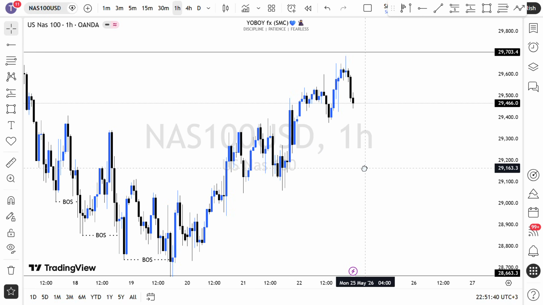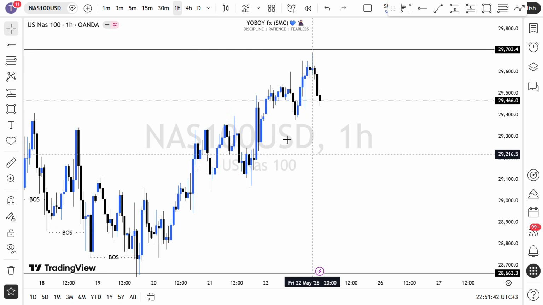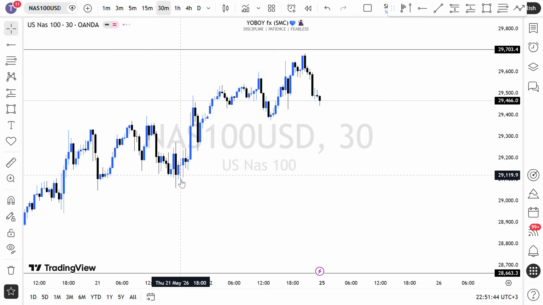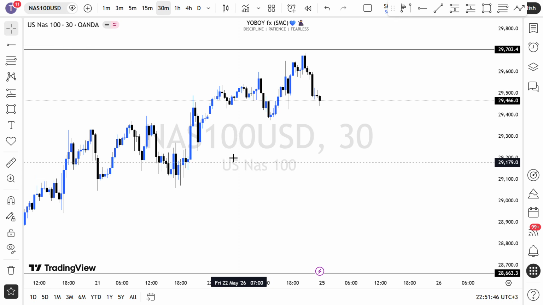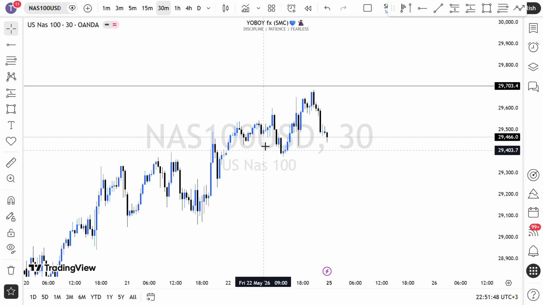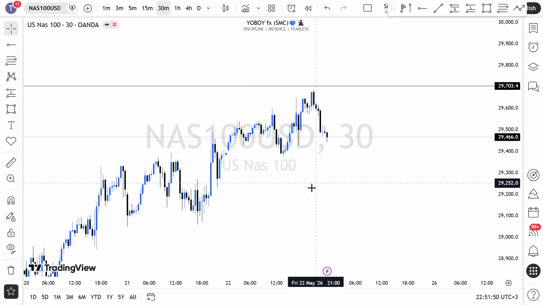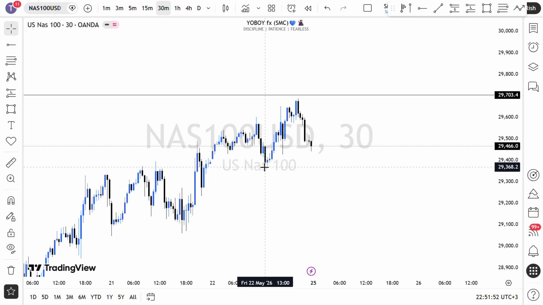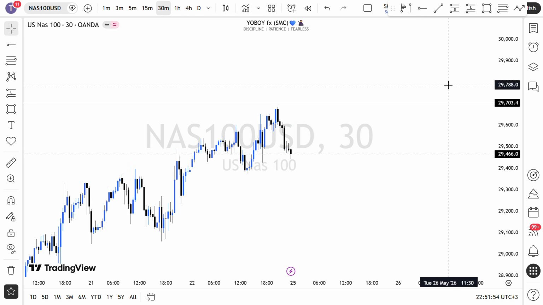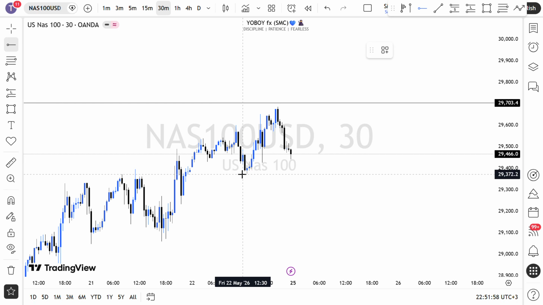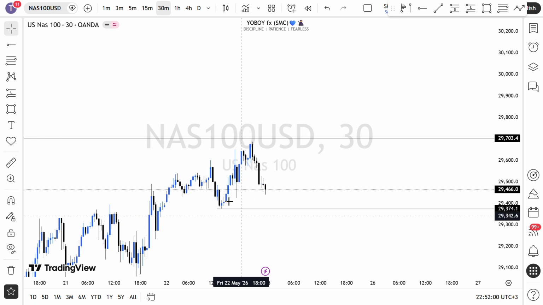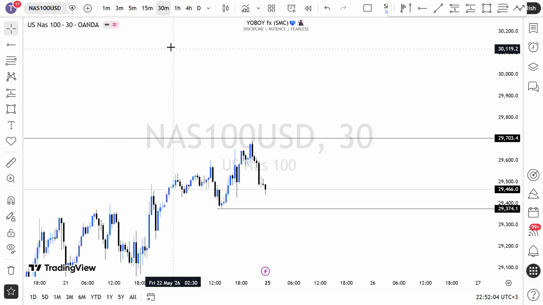So inside the 1 hour time frame, still there is no point of interest. So let me drop into the 30 minutes time frame. So we have the price breaking structures to the upside, and I think we already have this low as our strong low at the moment. So this is the structural low, and I expect price to be reacting from these areas to the upside.